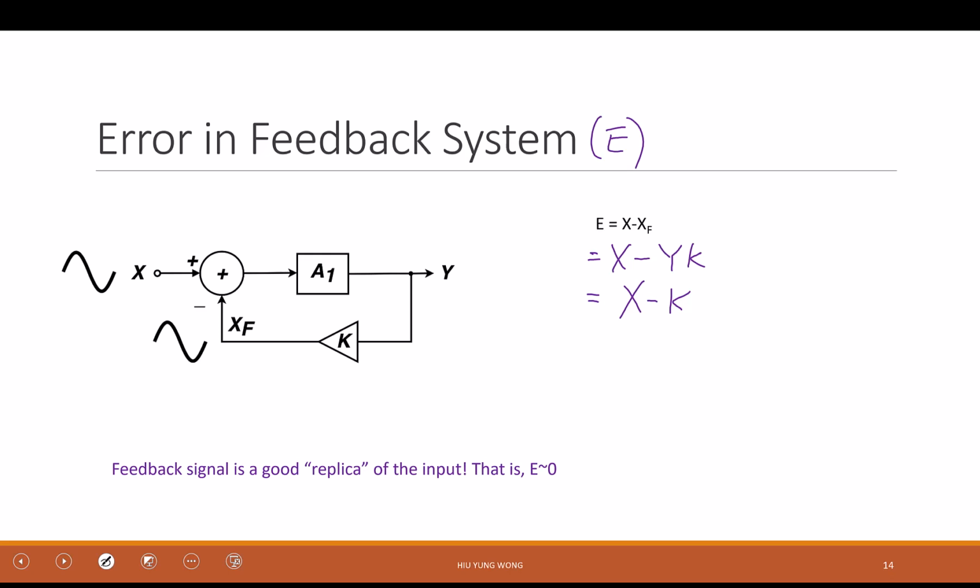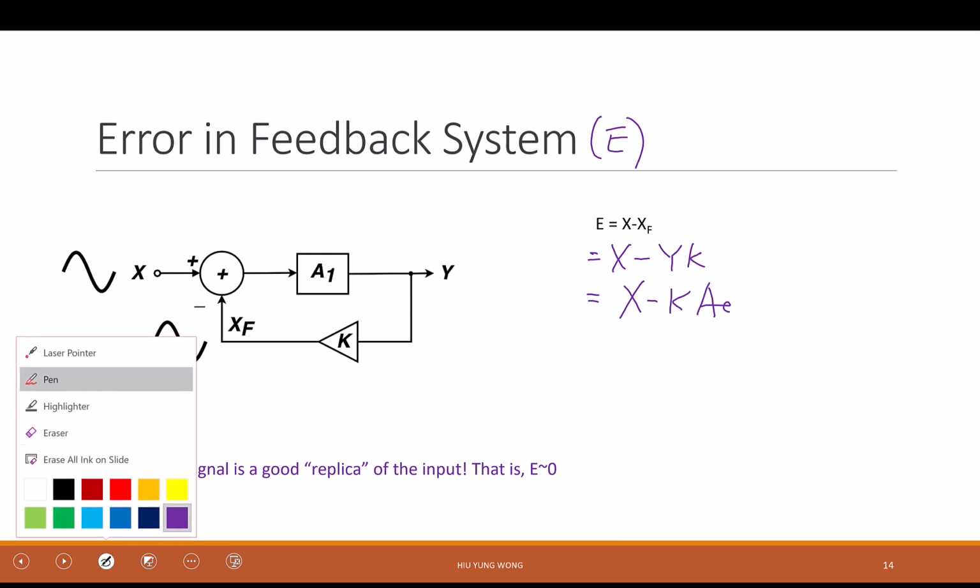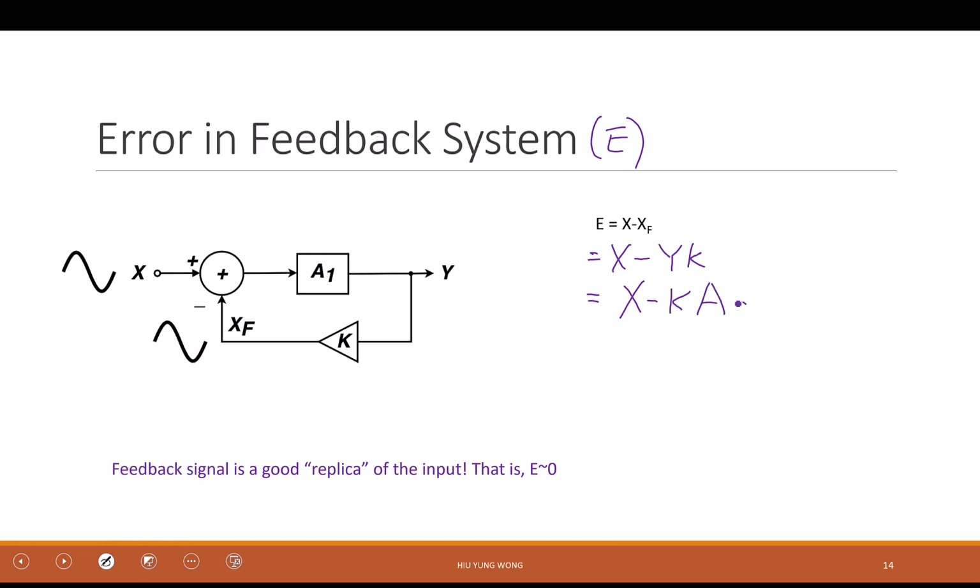What is Y divided by X? What type of gain is that? How do we call it? It's called closed loop gain, right? So this is just ACL times X, because Y equals ACL times X by definition of closed loop gain.